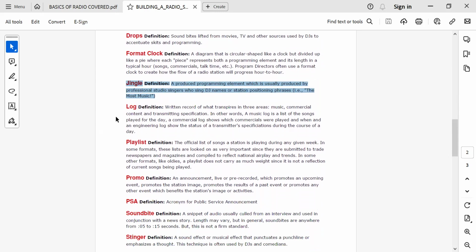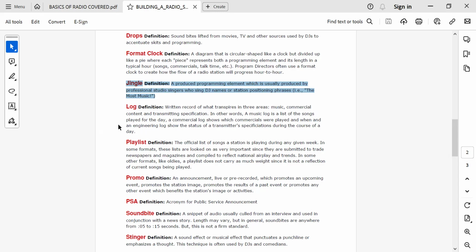Okay, anyway, so what's a log? It's the written record of what transpires in three areas: the music, the commercials, and the content. You will be given a log that, in the olden days, you would have to sign off, and a lot of stations still do that, because you have to say, I did play this and I did do this.